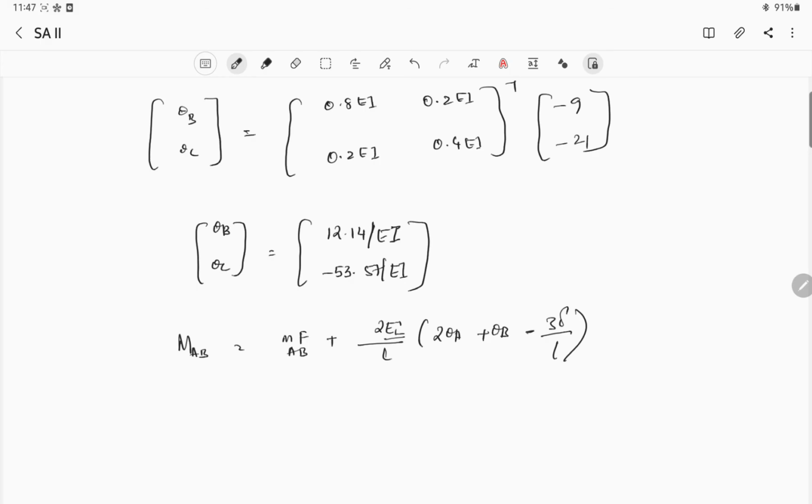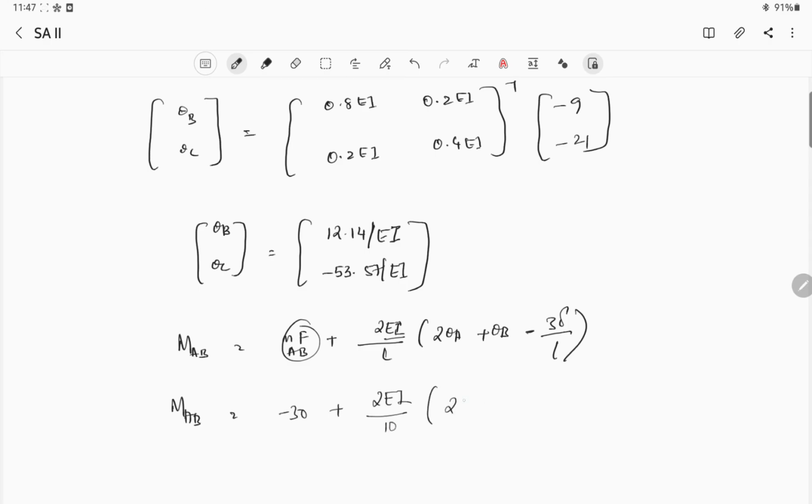This is the formula for slope deflection equation, right? So 2 EI by L. What MFAB you will take here? MAB is equal to capital MFAB. This is minus 30 you will take, plus 2 EI by L, that is 10, into 2 theta A.